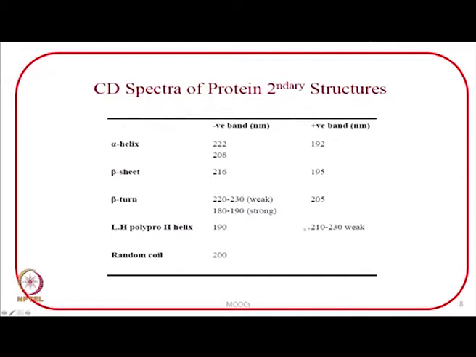So these numbers can help us in qualitatively establishing the secondary structure and tertiary structure of a protein. And the changes in ellipticity as a function of temperature or as a function of the concentration of additive can tell us how the extent of secondary structure or tertiary structure changes when the environment is changed.